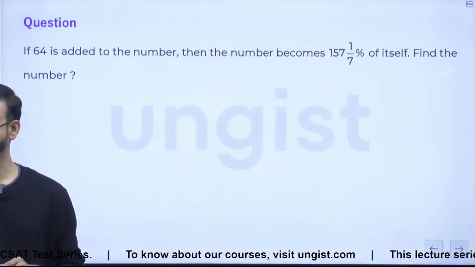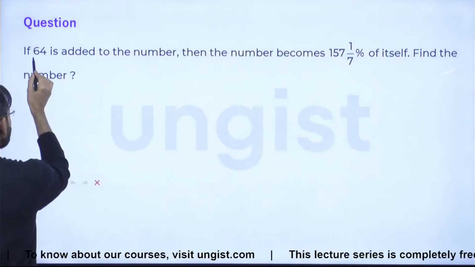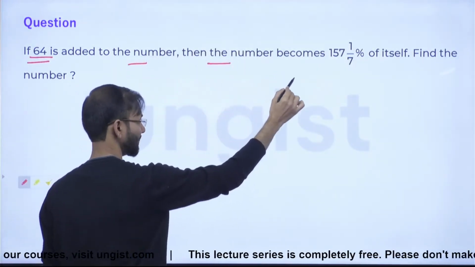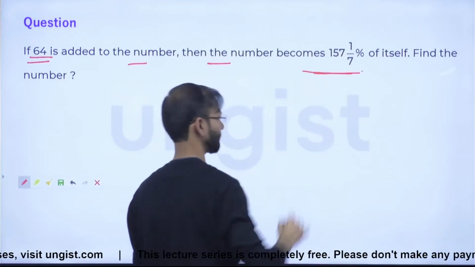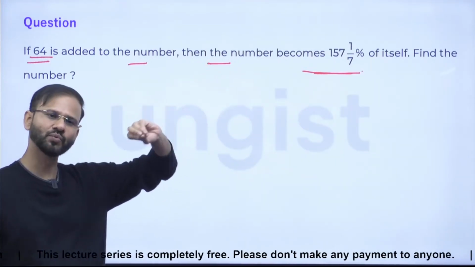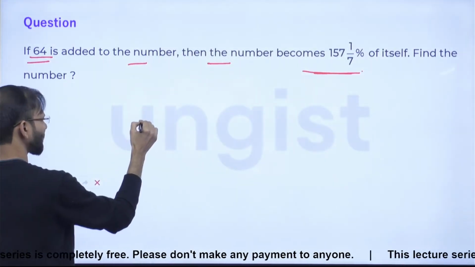Very good. See, all of you, just read this question. The question is saying if 64 is added to the number, then the number becomes this much % of itself. It means what is being added to the number. So just think on it.